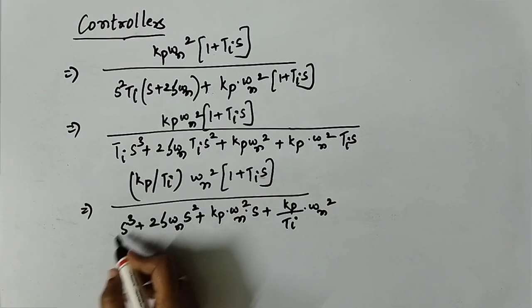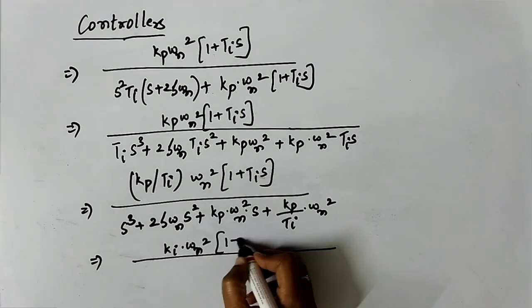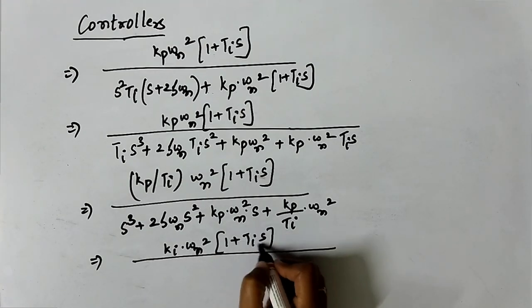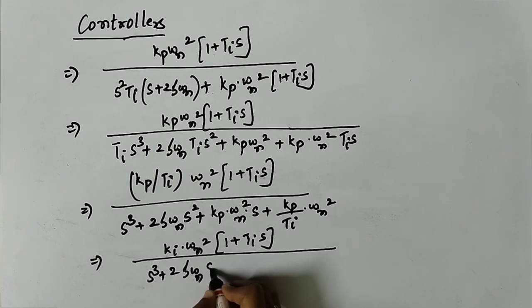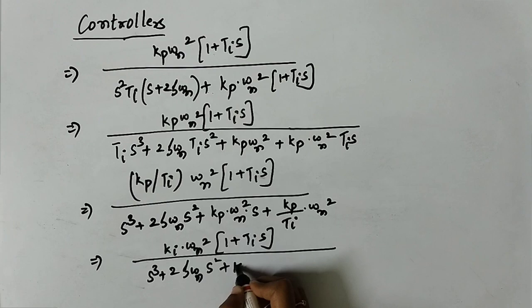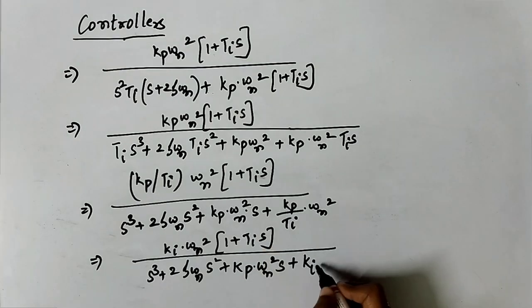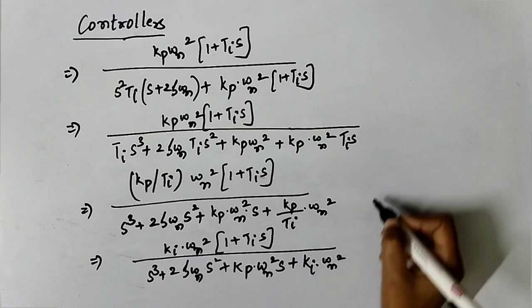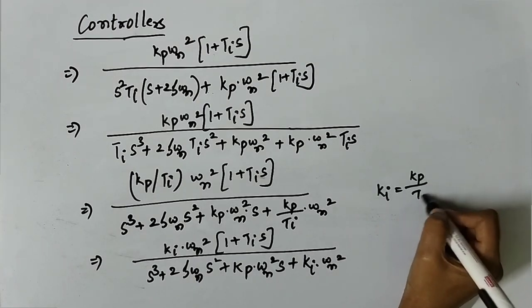Now we can write this as Ki into omega n square into (1 plus Ti S) by S cube plus 2 zeta omega n S square plus Kp omega n square S plus Ki omega n square, where Ki is nothing but Kp by Ti.